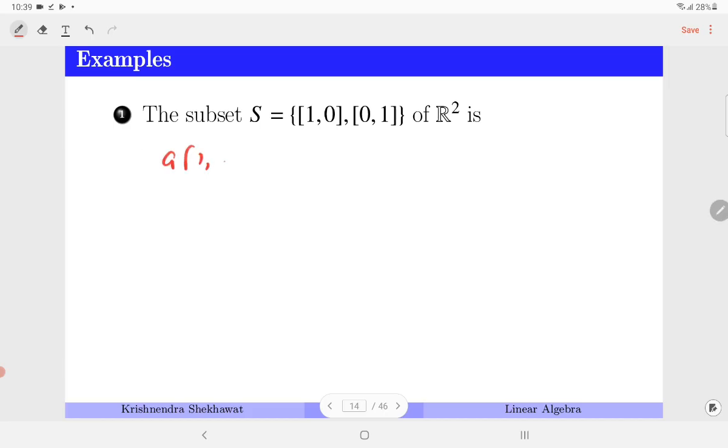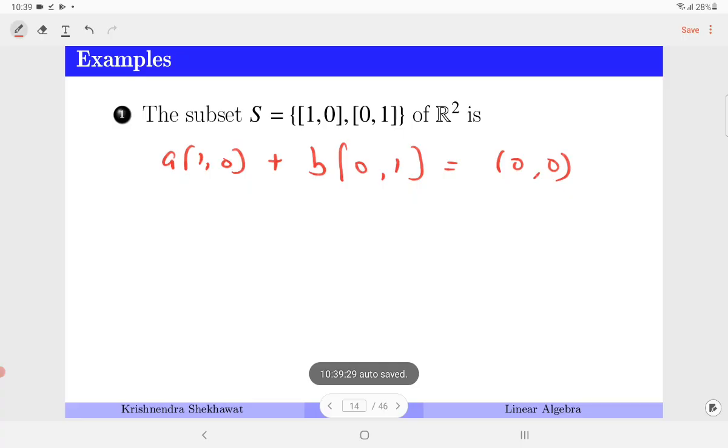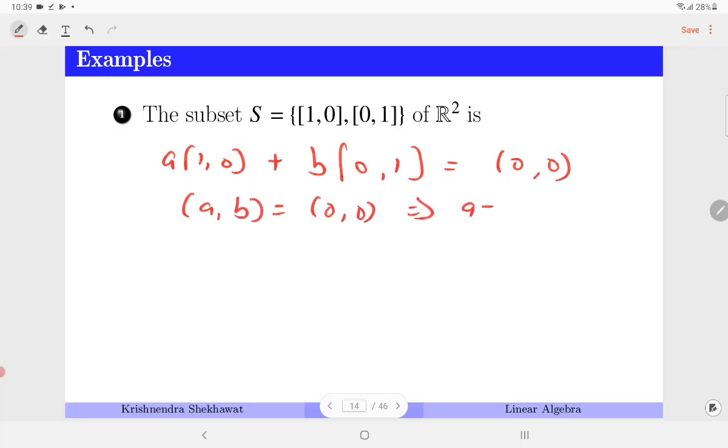So a·(1, 0) + b·(0, 1) should be equal to the 0 vector, which is (0, 0), because the 0 vector of R2 is (0, 0). The vector addition in R2 is simple addition and scalar multiplication is simple multiplication. This gives me (a, b) = (0, 0), giving me a = 0 and b = 0. This means that this vector equation has only the trivial solution, therefore the set S is linearly independent.